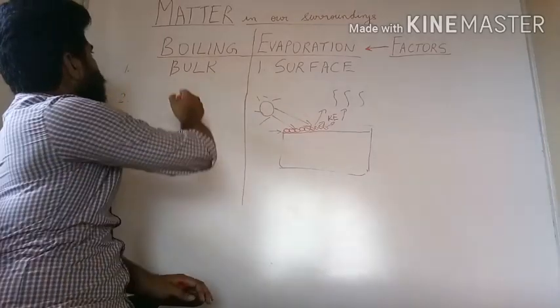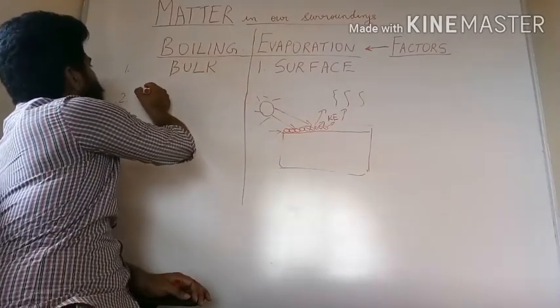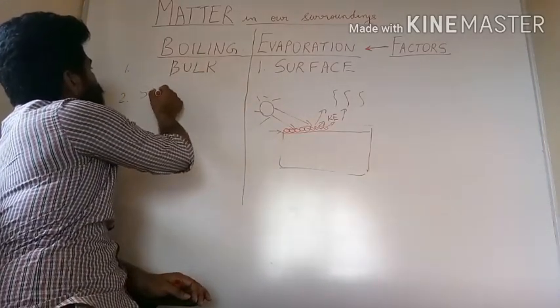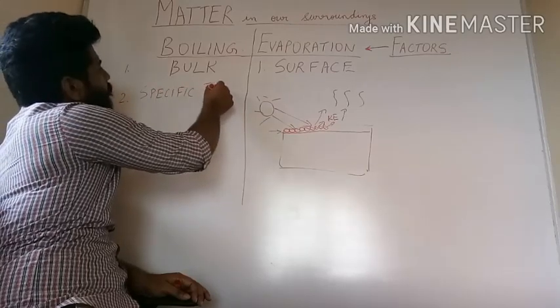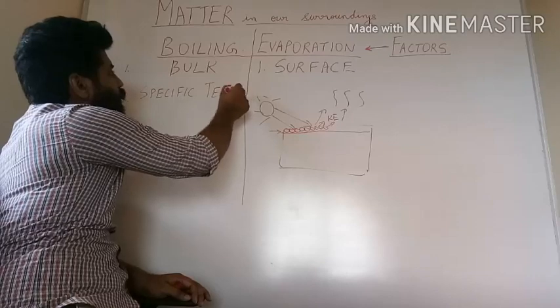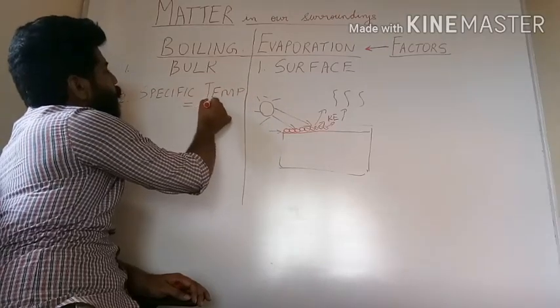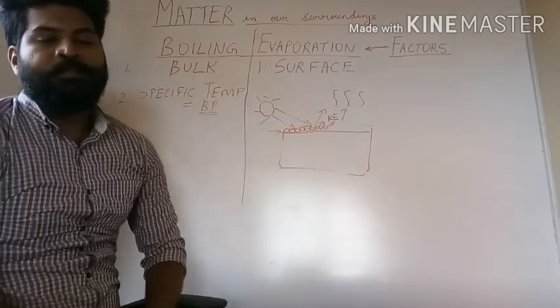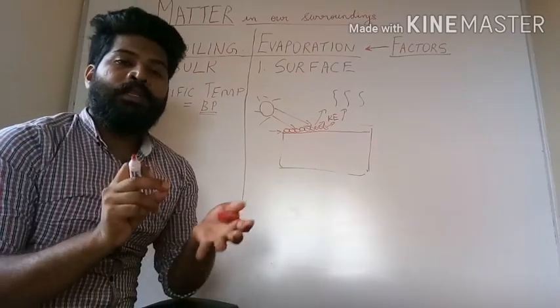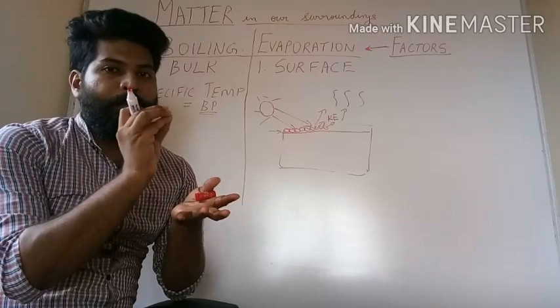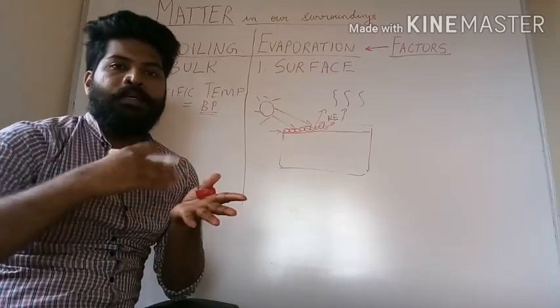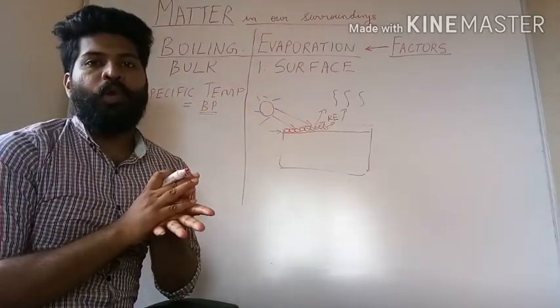Second difference, boiling requires a specific temperature, which we know is called the boiling point. Only when the liquid attains its boiling point, the minimum temperature, can it escape into vapor.